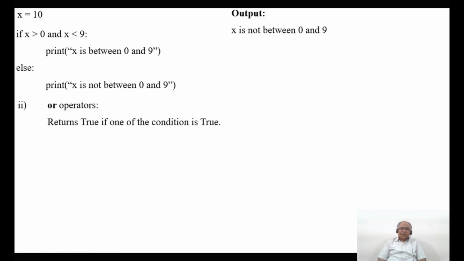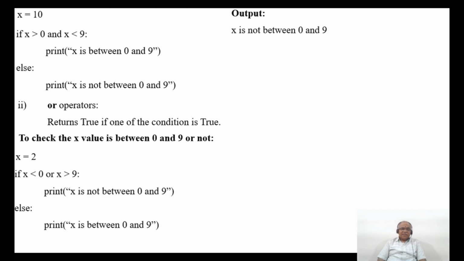Now the OR operator, the second one, returns true if one of the conditions is true. To check if x is between 0 and 9 or not, first x is equal to 2. If x is less than 0 or x is greater than 9: is 2 less than 0? No. Or 2 greater than 9?